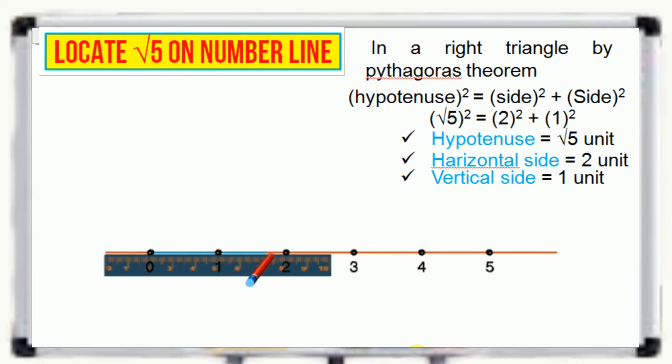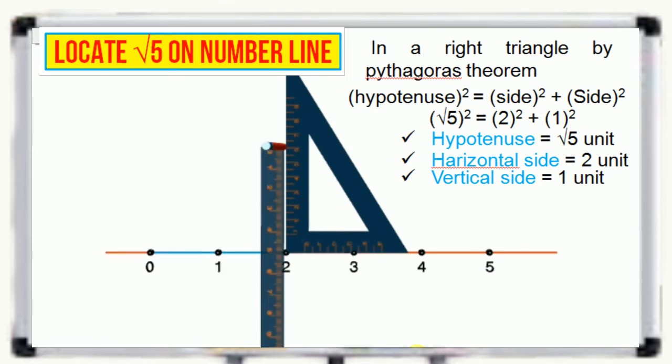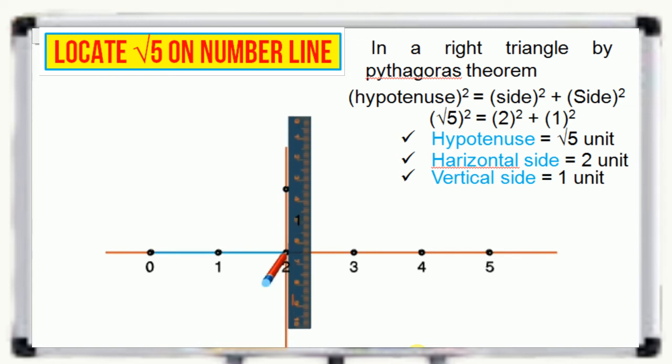So this is about 2 units. Now draw a vertical line on 2 with the use of a set square or protractor. Then take 1 unit of length on the vertical line. So this is the vertical side of our right triangle.